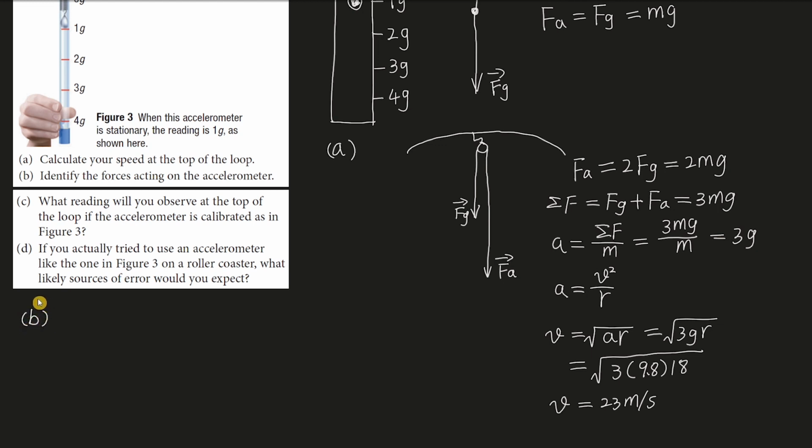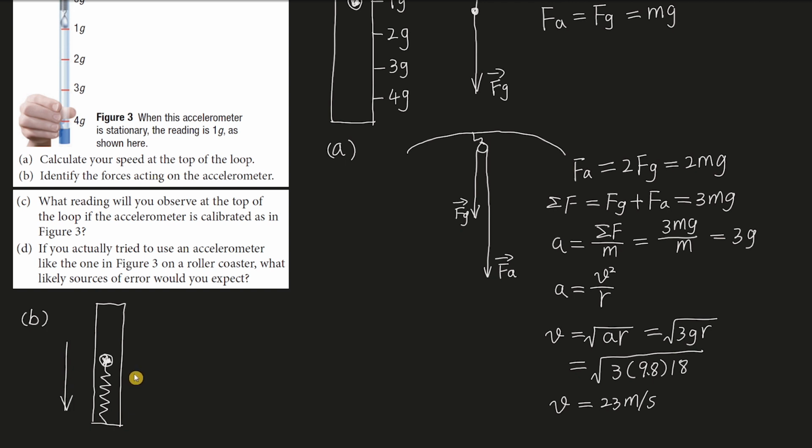Now see question B. It asks, identify the forces acting on the accelerometer. So at the top of the loop, the accelerometer should be like this way, because when being at the top of the loop, the direction of the acceleration points down.